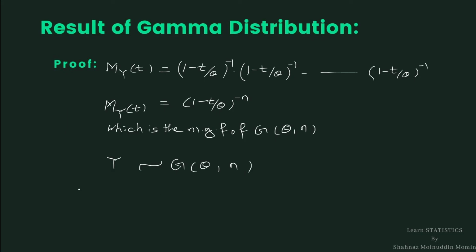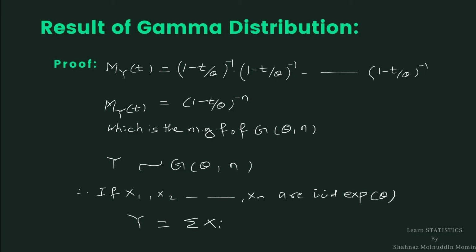Therefore, if x1, x2, ..., xn are IID, independent and identically distributed, exponential variates with parameter theta, then y equal to their sum must follow gamma distribution with parameter theta and n.